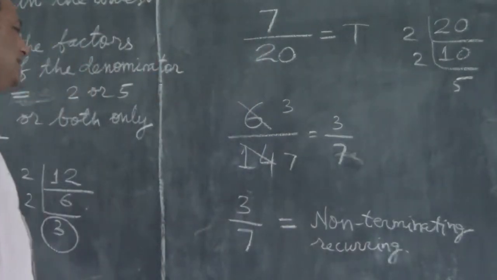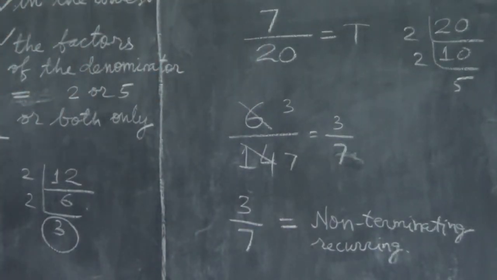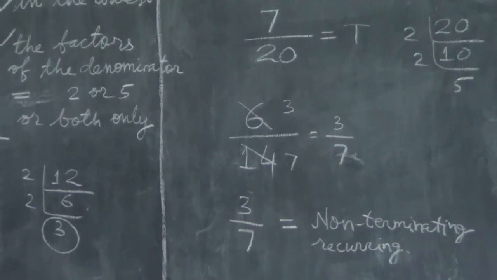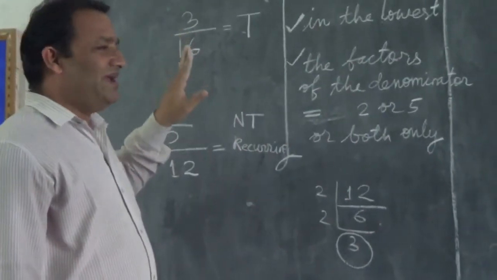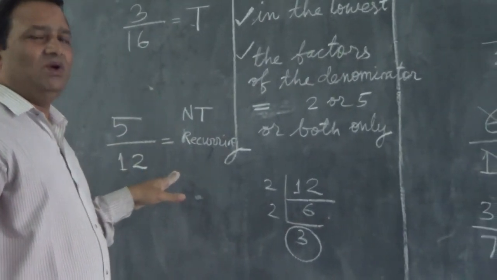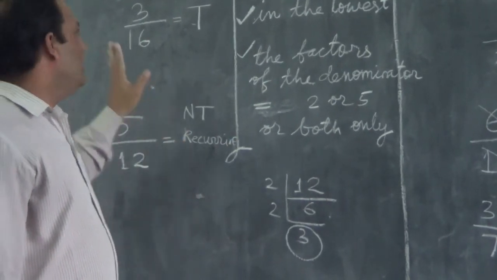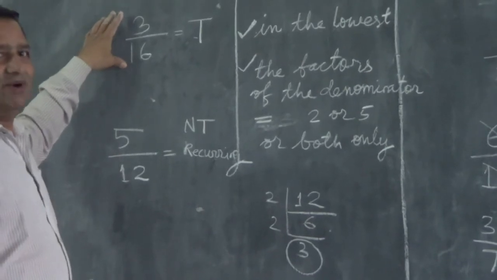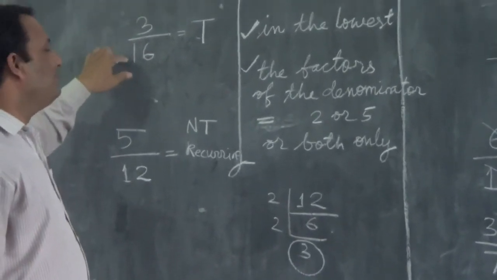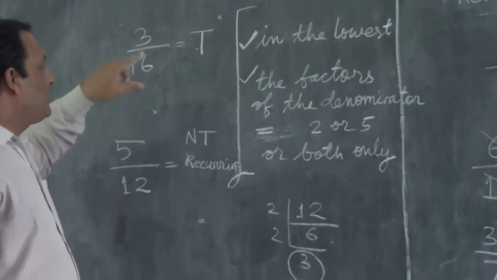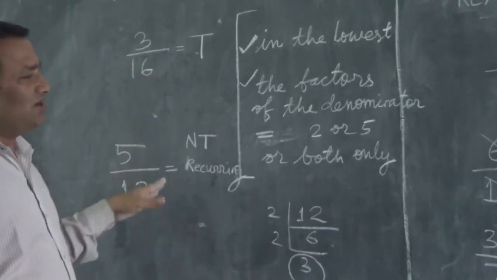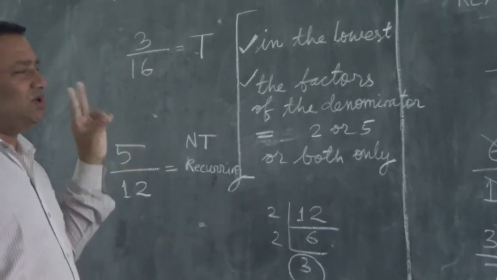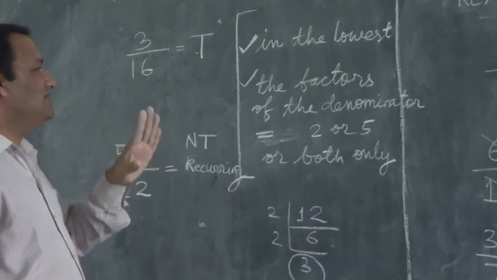So this is how we know whether a given fraction, a given rational number in a by b form, will give us a terminating decimal or a recurring decimal. Always you have to test two conditions.